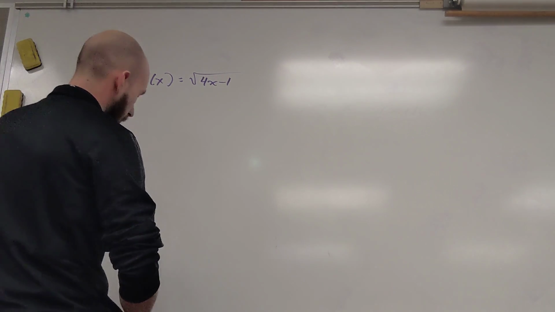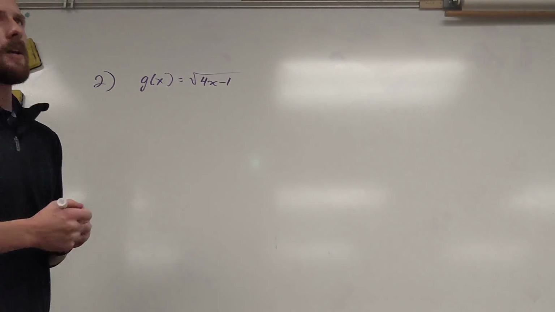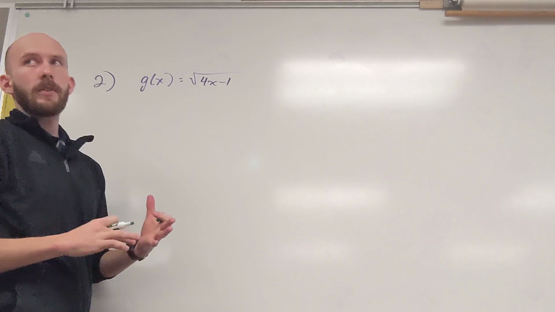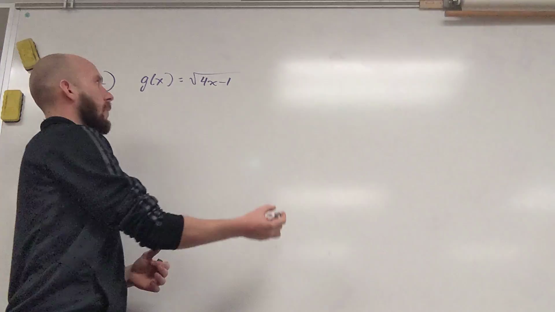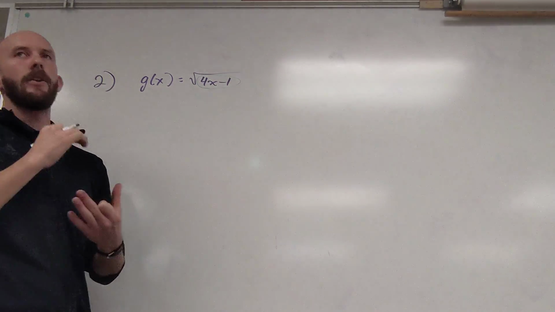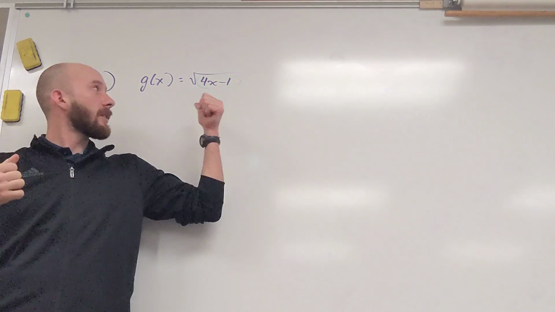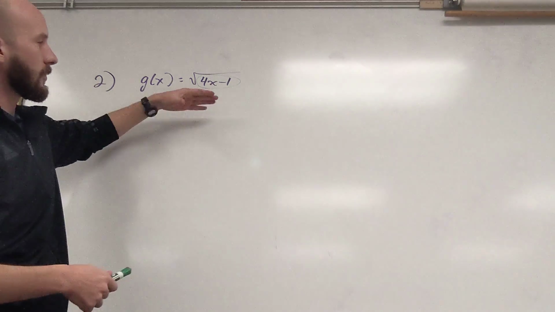Okay, so for this one, I have a square root, and you kind of have to approach it the same way. My domain is going to be all real numbers where this is going to be real and defined. So what would give me a non-real answer? If it's negative. If the answer to that is negative, right? So we're going to do the same sort of thing.